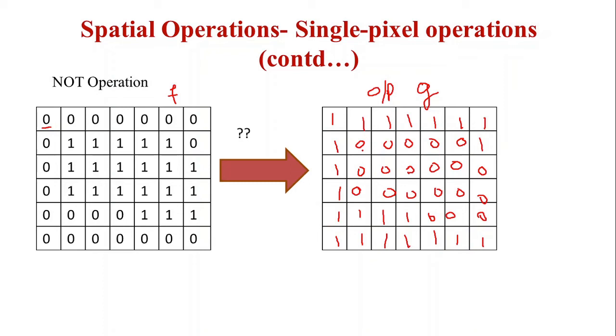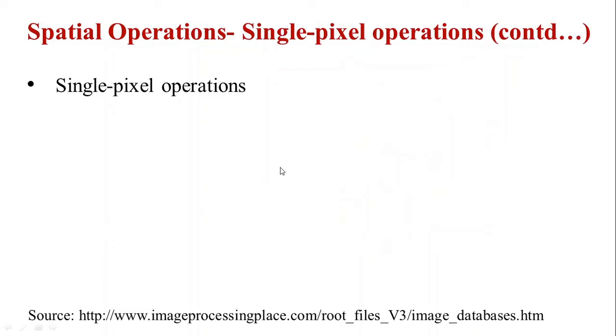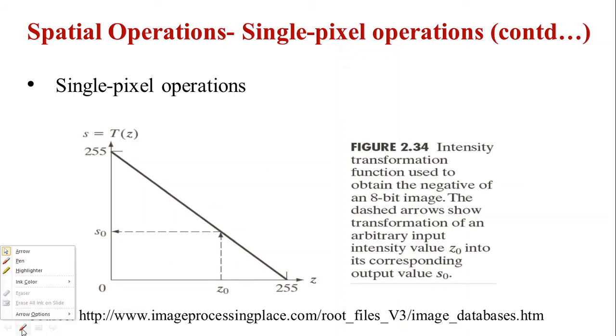Now, just think about images which are not binary in nature. If we talk about single point operations on grayscale images, we are going to define one more operation that we call the image negative.